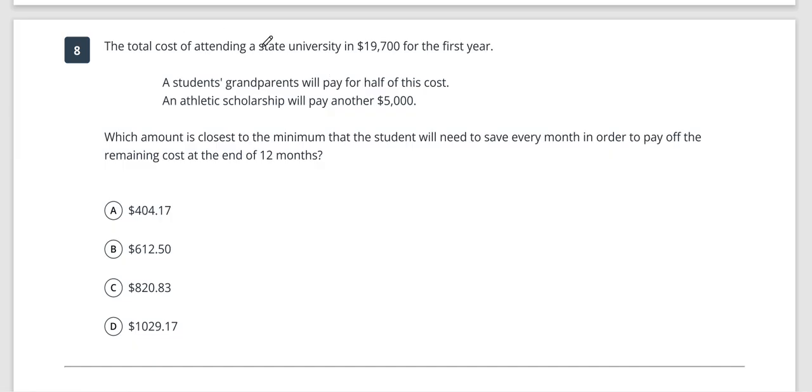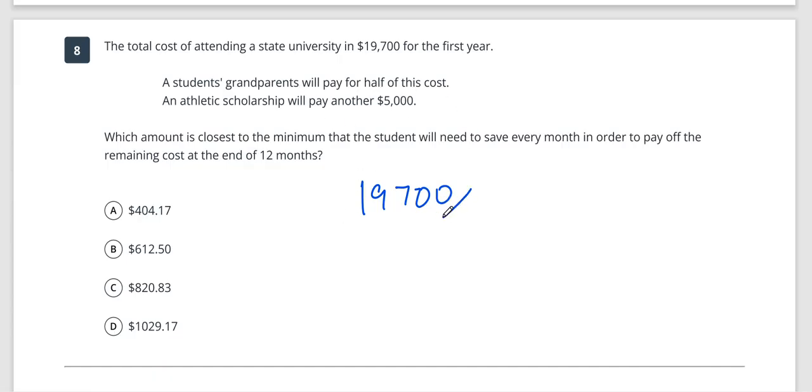The total cost of attending United States University is $19,000 for the first year, so the total everything is $19,700. The student's grandparents will pay half of the cost, and a scholarship will pay another $5,000.